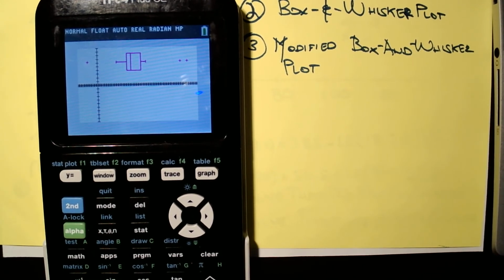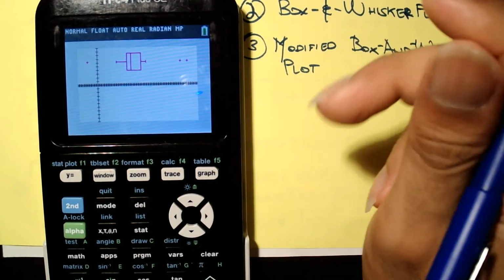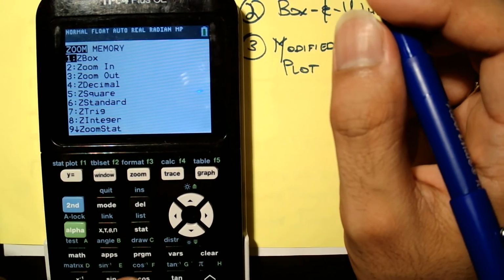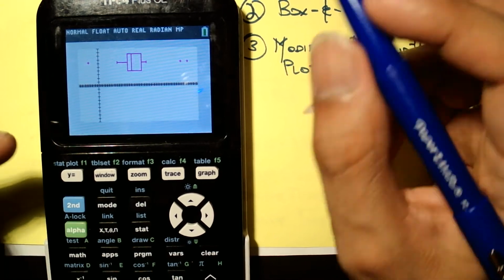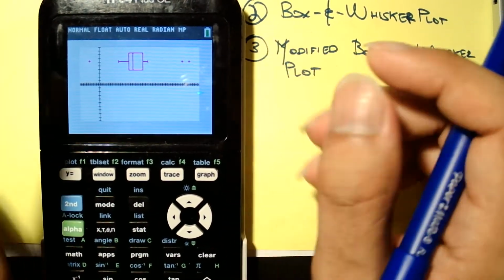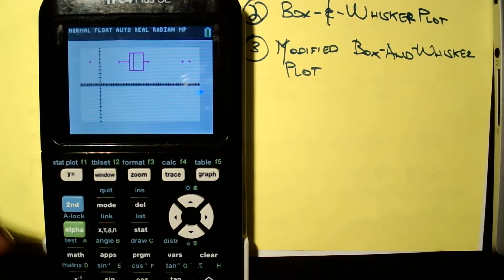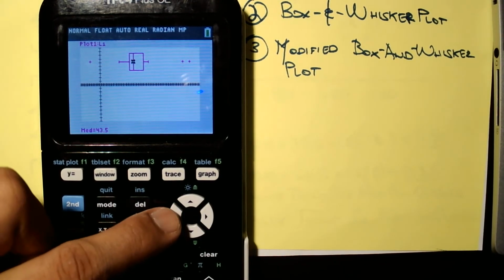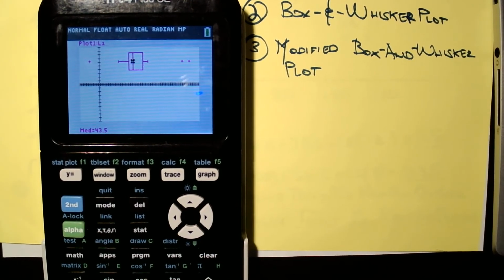All right, so let's look at this graph. It looks a little bit different. Let me zoom stat. So that's what we have for this graph. Let me click on trace, so we can navigate through the 5 number summary.